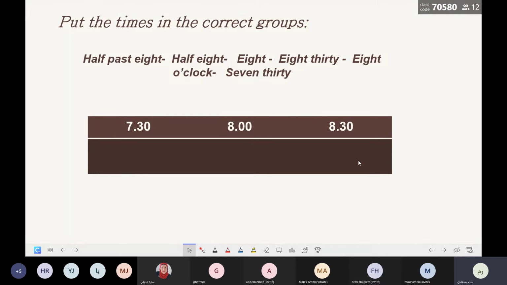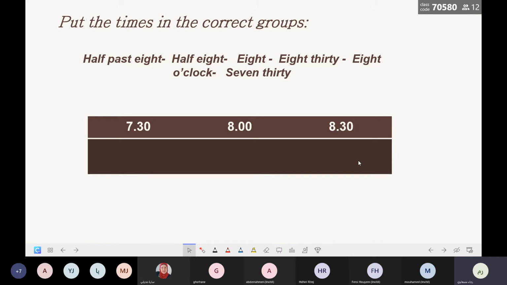Okay, here you have a list of timings and you try to put them in the correct groups. I will not read the table, I will just read here the words. You have 8:30, 8 o'clock, 7:30, because in English we have many possibilities to tell the time.